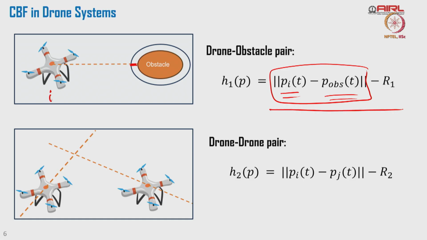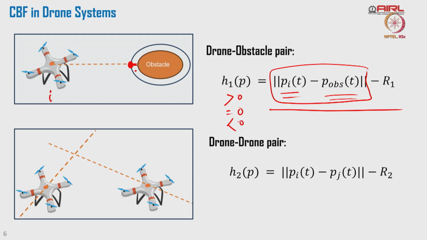So what will the objective be? The objective will be to keep h1p greater than 0. When h1p is greater than 0, we say the drone is in the safe set with the control barrier function h1p. If it is equal to 0, then the drone has come on the boundary, and if the drone crosses this boundary or safety tolerance or threshold and goes inside, then it becomes less than 0.